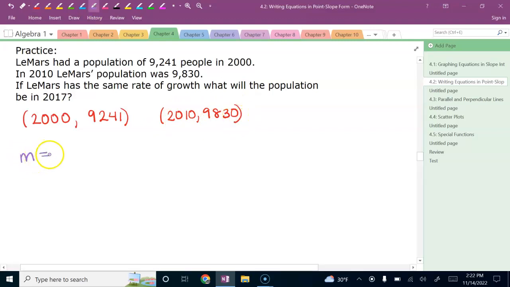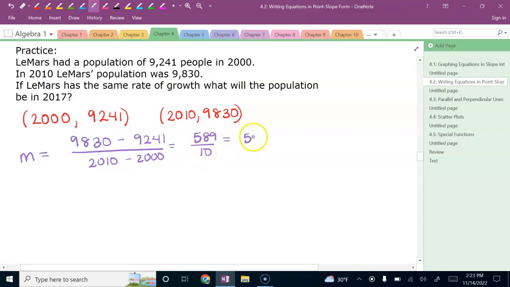So to start by finding slope, I took that 9,830 and I subtracted 9,241 all over 2010 minus 2,000. So that gave me 589 over 10, which I just simplified to 58.9.